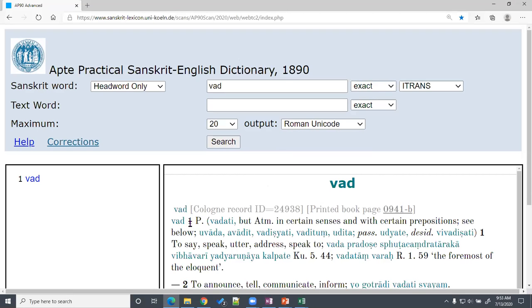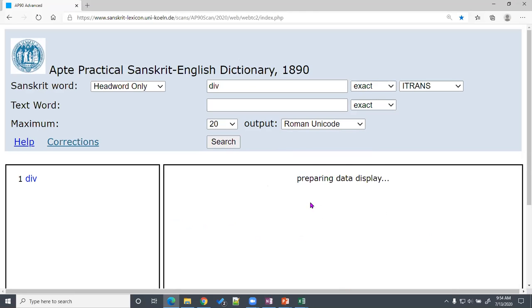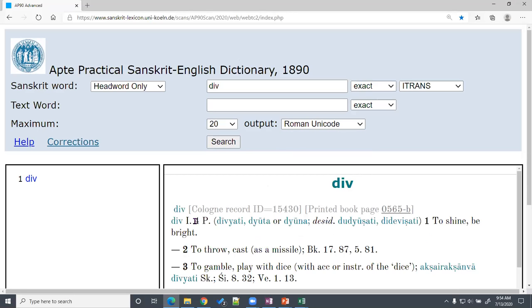If I say div, it shows you the 4th class parasmaipadi, and the form is divyati. So the dictionary is very helpful. You start seeing it and you'll find that it provides a lot of good information.